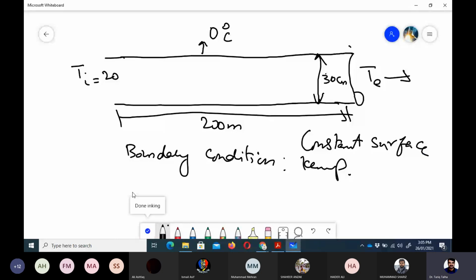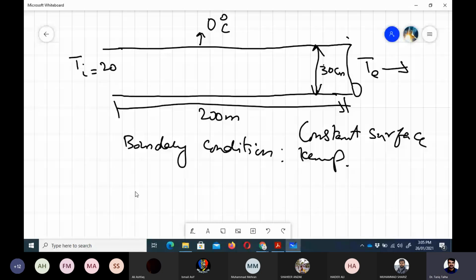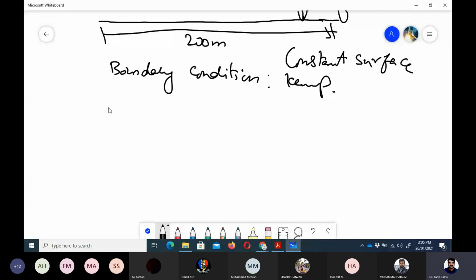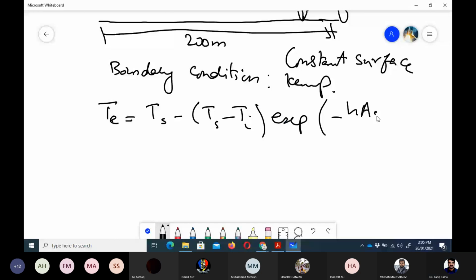So we know that if we want to determine Te, there is a formula that we derived in the last class by doing the conservation of energy on the differential element. That formula was Te = Ts - (Ts - Ti) exp(-hAs / (m dot Cp)).